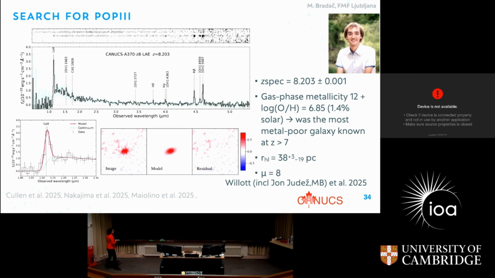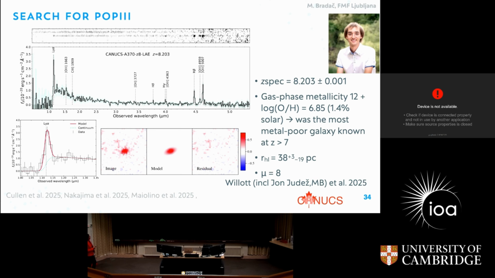Okay, let me finish by showing this particular galaxy. One of the main goals of JWST would be to find the enigmatic Pop III population, the very early population of stars.